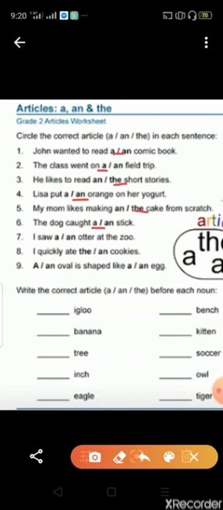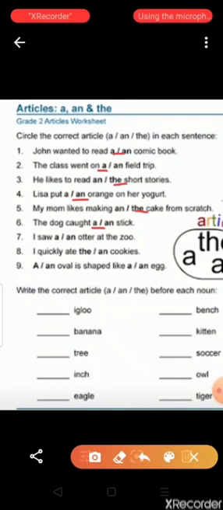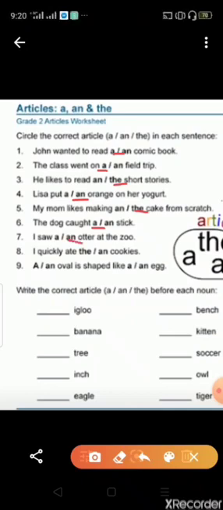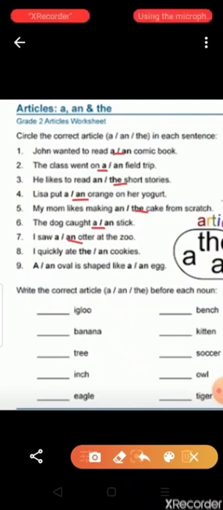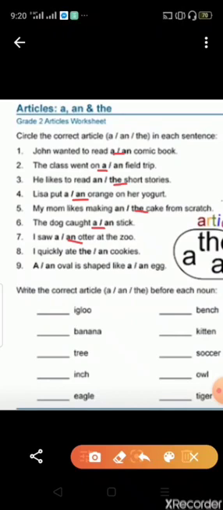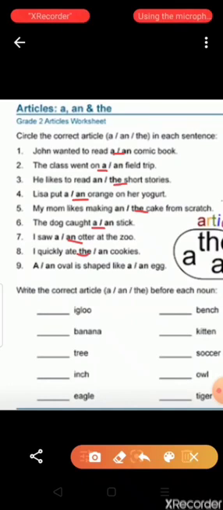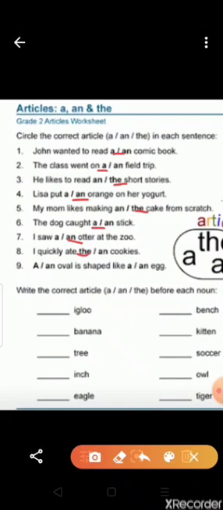I saw a or an otter at the zoo. Otter has a vowel sound, so we are going to choose an. I quickly ate the or an cookies. The cookies. An oval is shaped like an egg.